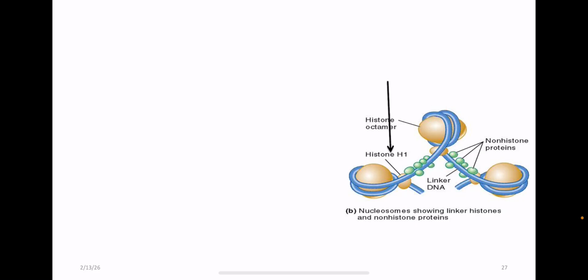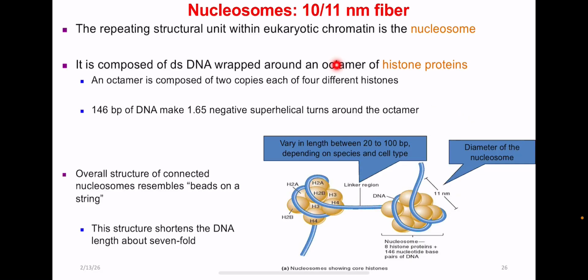That's what a nucleosome is. And this protein complex is an octamer of histone proteins. Octamer means 8 proteins, but most importantly, the histone proteins are 4. Each one of the histone proteins comes in 2 copies. That's why we call the protein complex an octamer.